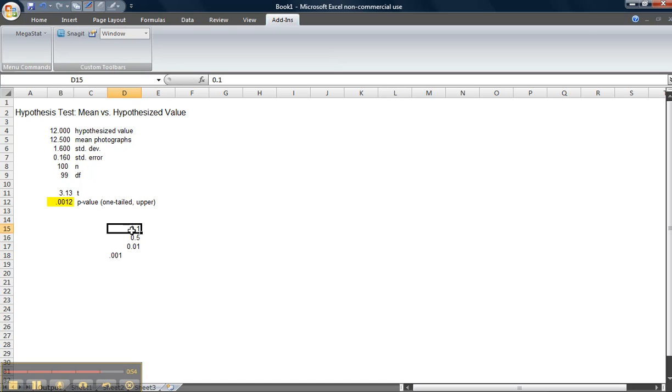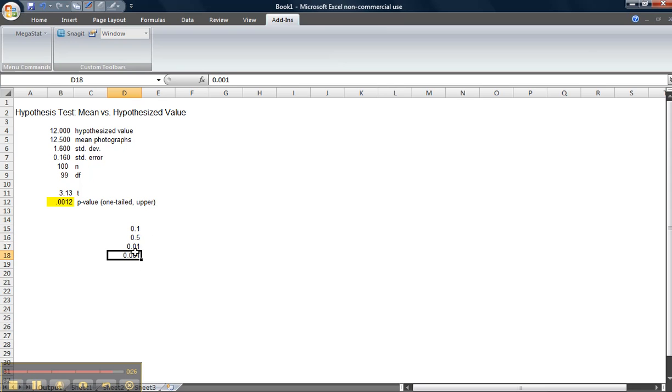Which value is this less than? Well, 0.0012 is less than these. I like to think money. This is like a dime. That's like 50 cents. That's like a penny. That's less than a penny, right? So it's definitely smaller than this, this, and this, but it's not smaller than this.